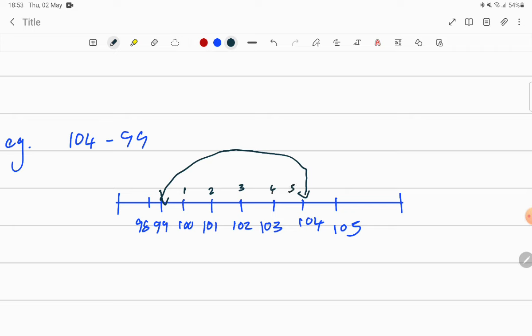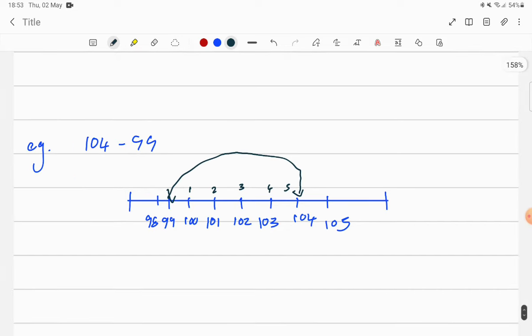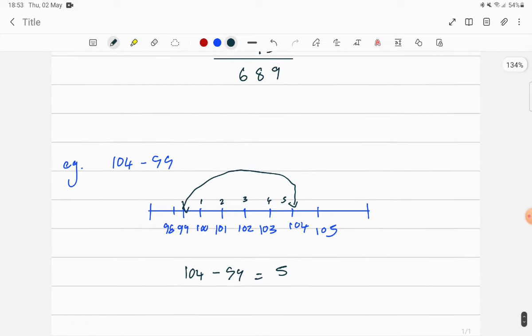So if you were to go from 99 to 104, in this instance here, 104 minus 99 is actually equal to the number of steps. So that's 1, 2, 3, 4, 5. So that is equal to the number of steps, as we can see there, to just confirm.